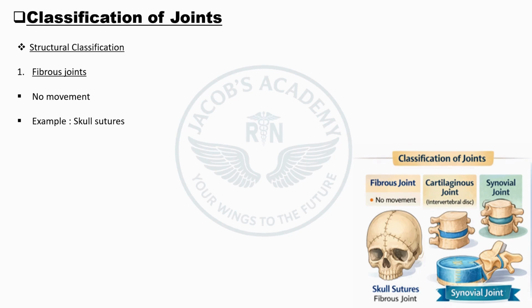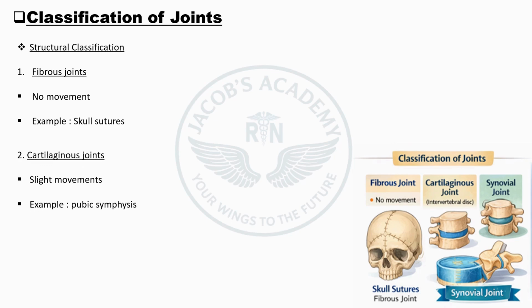The first one is fibrous joint. In fibrous joints, the bones are joined together by fibrous connective tissue, and these joints allow no movement or very minimal movement. A common example of a fibrous joint is the skull sutures, where the bones of the skull are firmly held together to protect the brain.